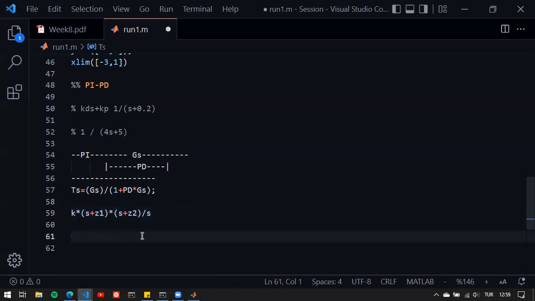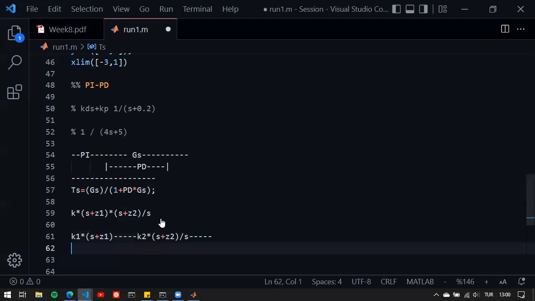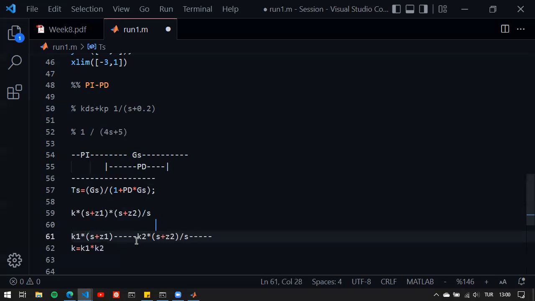But what you can do is, instead of using this, you can go ahead and say, let's have K1 times S plus Z1, and then K2 times S plus Z2 divided by S. If K is equal to K1 times K2, you will get the same transfer function out of this.